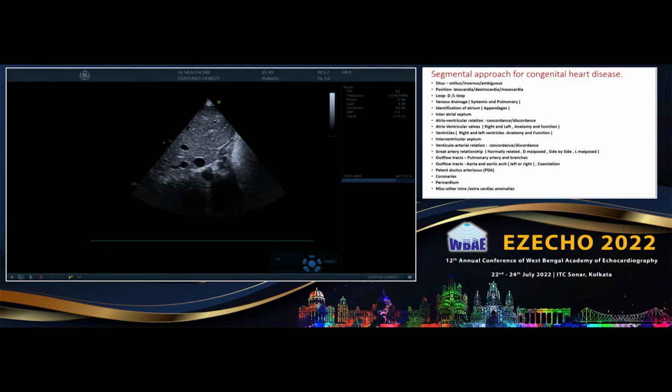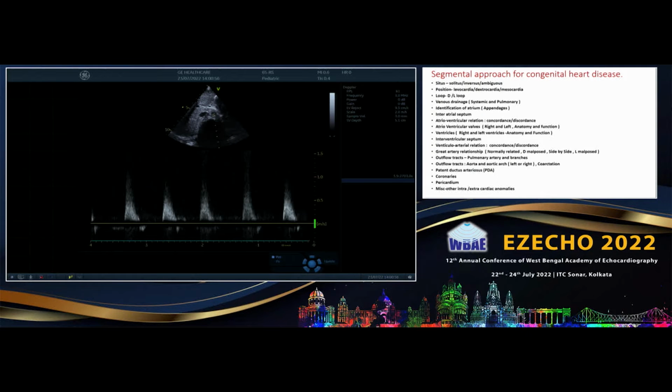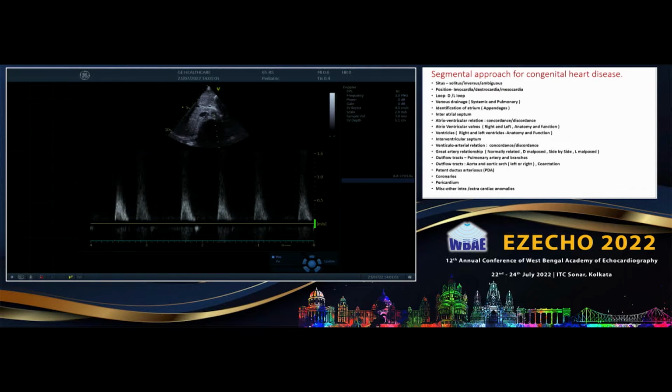Starting with the subcostal view with the probe direction to the left shoulder, look for the two structures which are pulsating. Now I will put the PW towards the left side, and you can see it is a pulsatile flow, which assumes it to be an aorta lying to the left side of the spine.